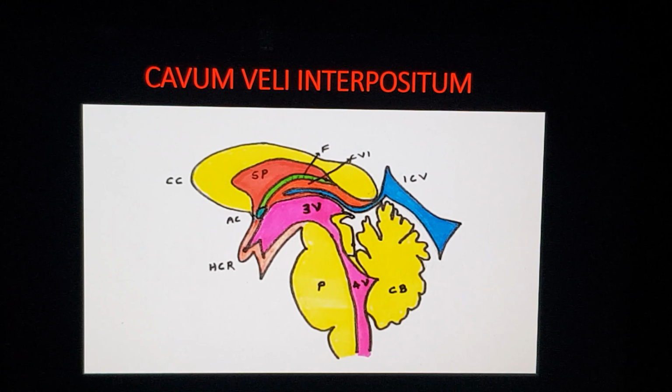So this is a potential space which is usually collapsed. Sometimes fluid can accumulate within it and we get a cystic structure on ultrasound.